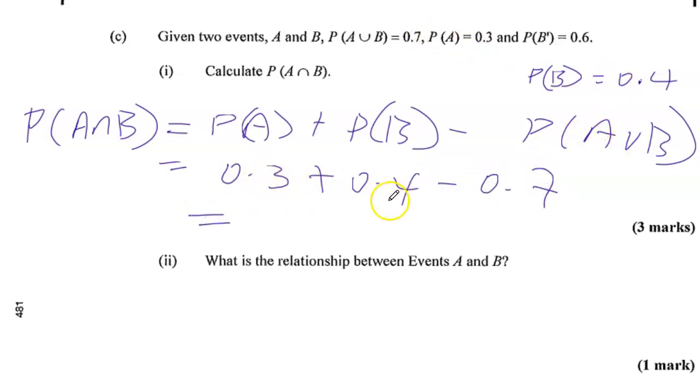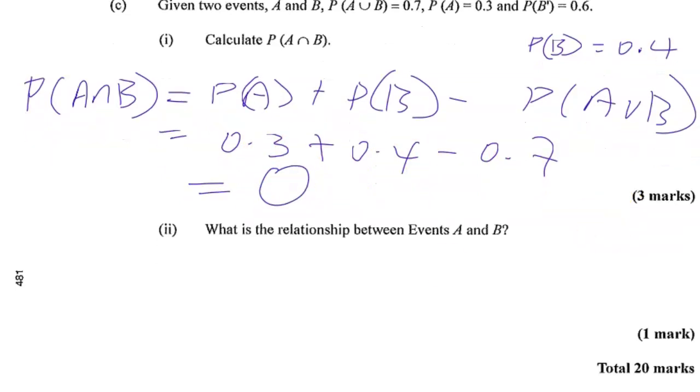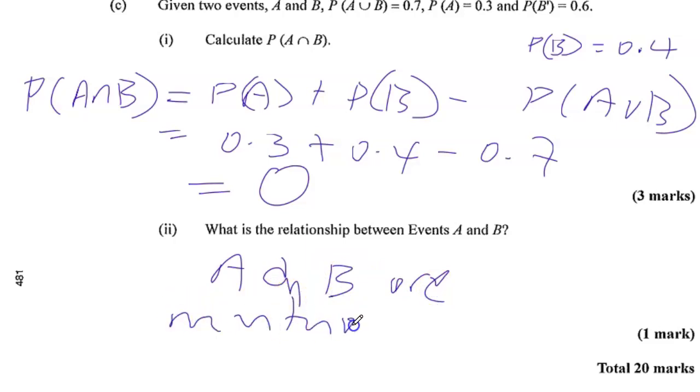So that's 0.7 minus 0.7. So probability A intersect B is 0. And when the probability of A intersect B is 0, it means that A and B are what we call mutually exclusive. In other words, A and B cannot occur at the same time.